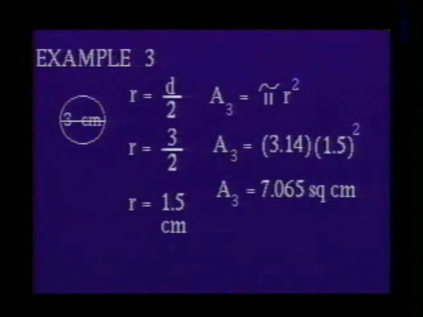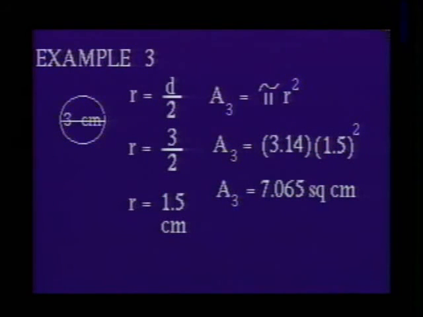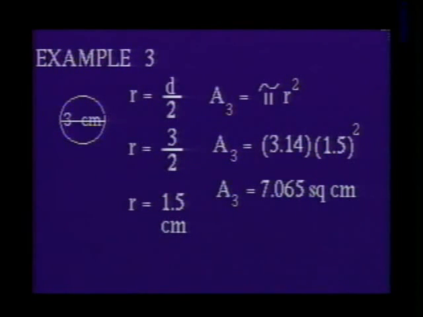The last figure that we need to find the area of is the circle. To calculate the area of the circle, we will use the formula A sub 3 = pi r squared. Because the formula is given in terms of r and we have the diameter of the circle, we must first calculate the radius of the circle. Remember that the radius of a circle is 1/2 the diameter of the circle.